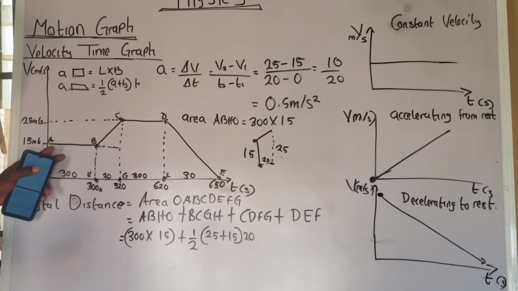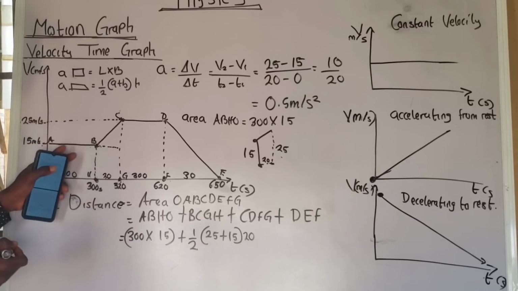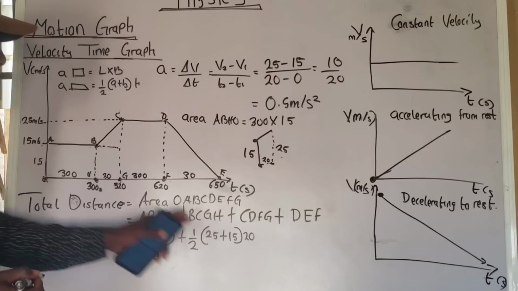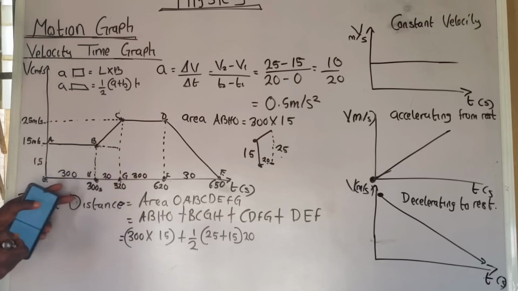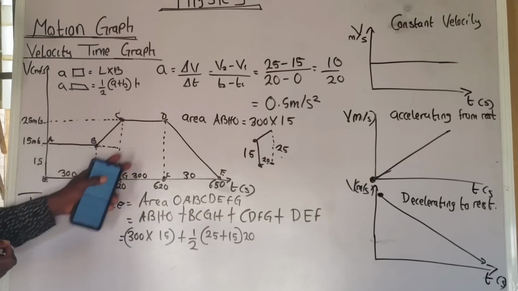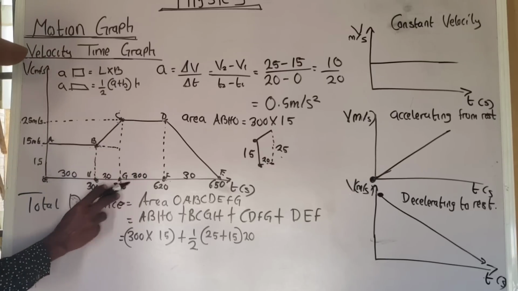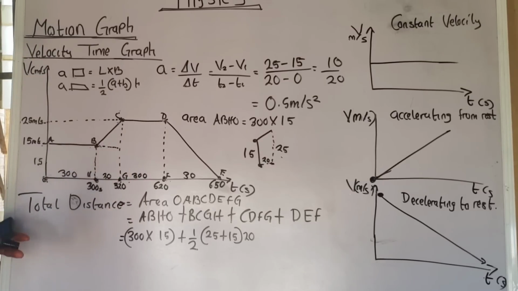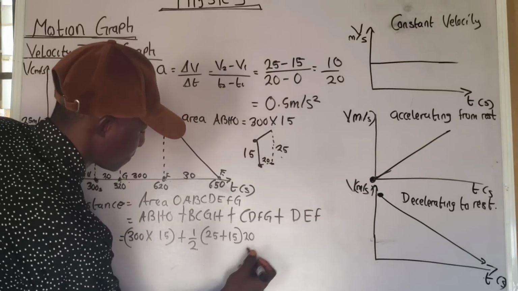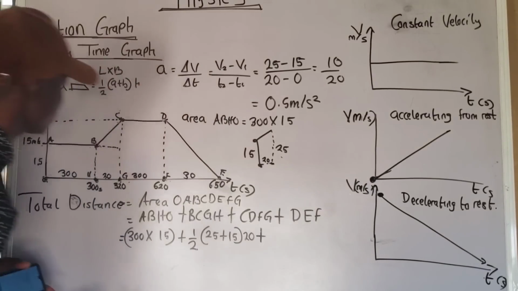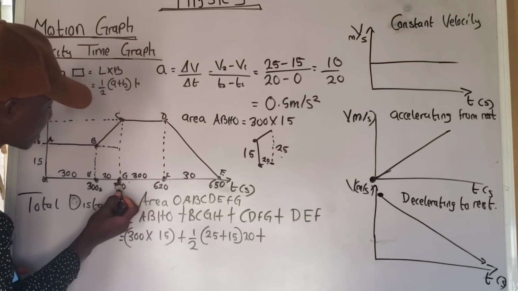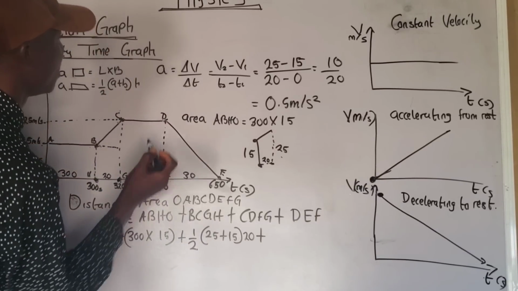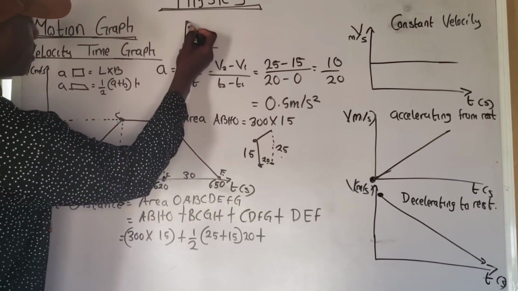The area of the rectangle is this. The area of the trapezium is this. Now I want to determine the area of CDFG. That will be length times breadth also, because CDFG is a rectangle. So I'm going to have plus the area of this, length times breadth, that will be 300, which is the distance from this point to this point. Let me draw it here.